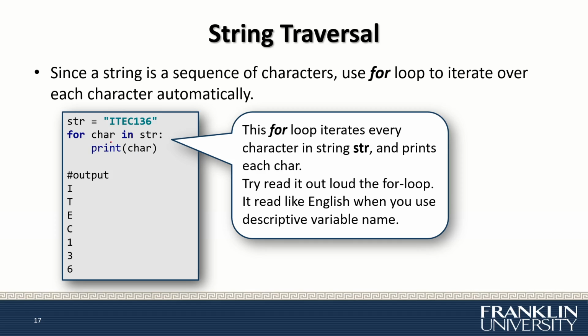I like to use char for char in the name of the string variable, because when you're using a descriptive name, the loop reads like English. For char in string, for every character in string, print the character. This is kind of how you read this loop here. It will print every character. And you can watch my for loop tutorial video if you have more questions about the for loop.